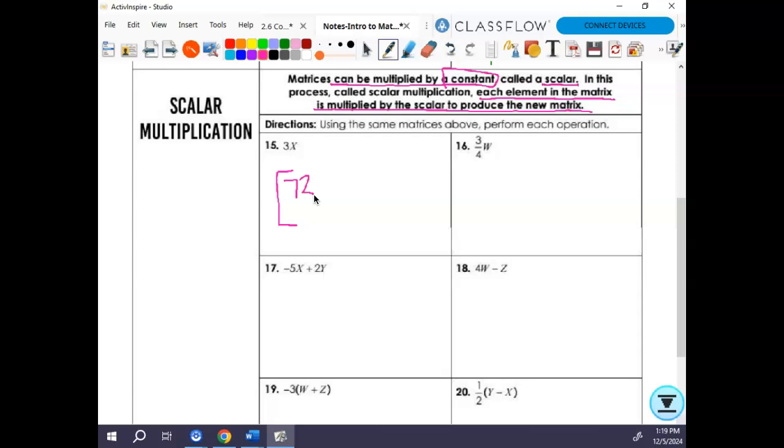So then 3 times a -8, -24. 3 times a -3, -9. Then 3 times -4, -12. 3 times 6, 18. 3 times a -17. Negative what? 51. Okay.